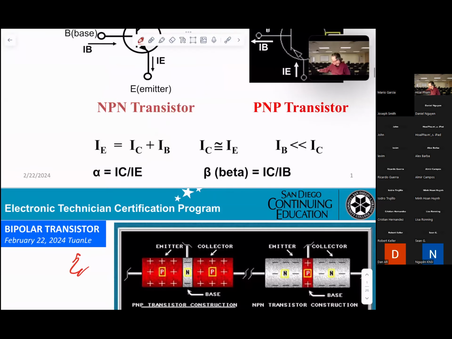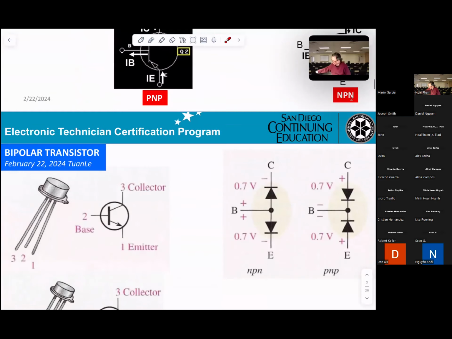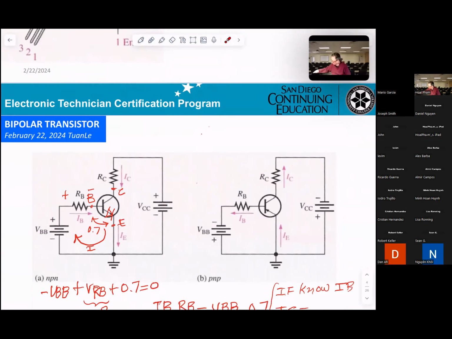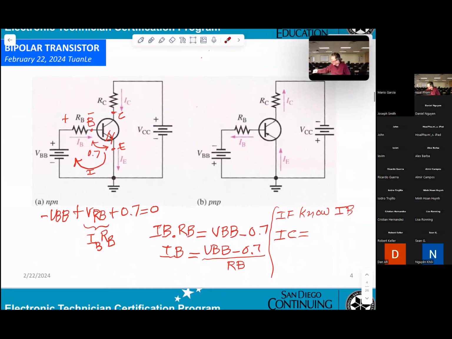And also, you know this formula: beta equal IC divide IB. So IC equal beta times IB.